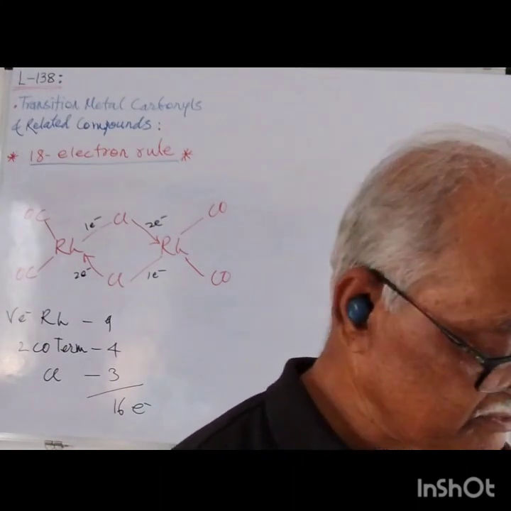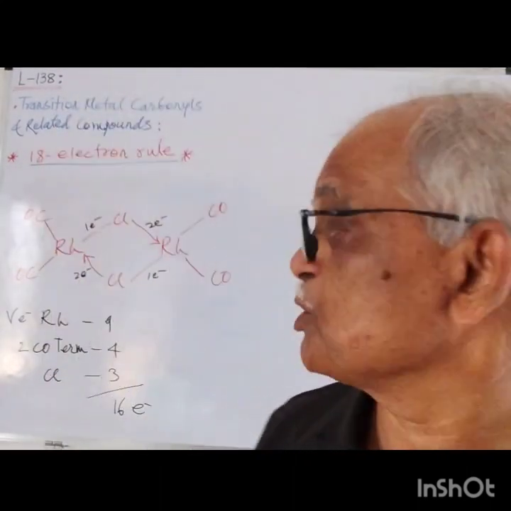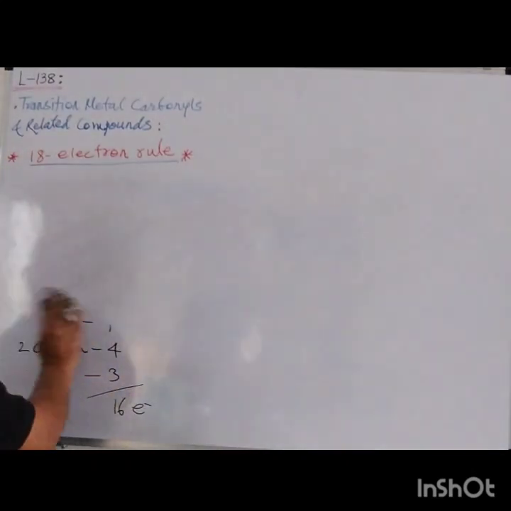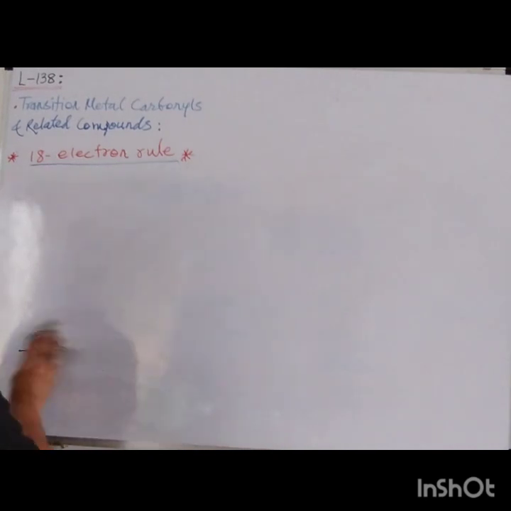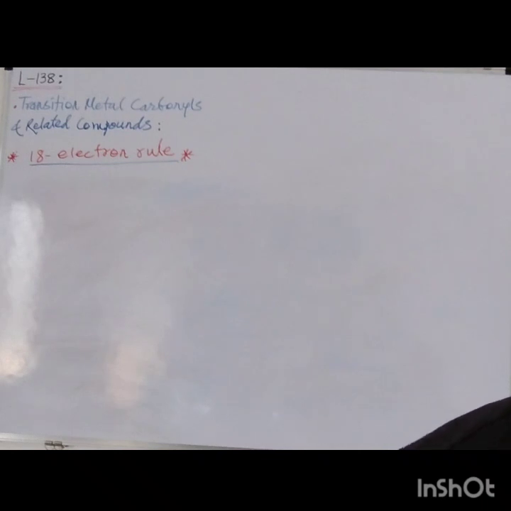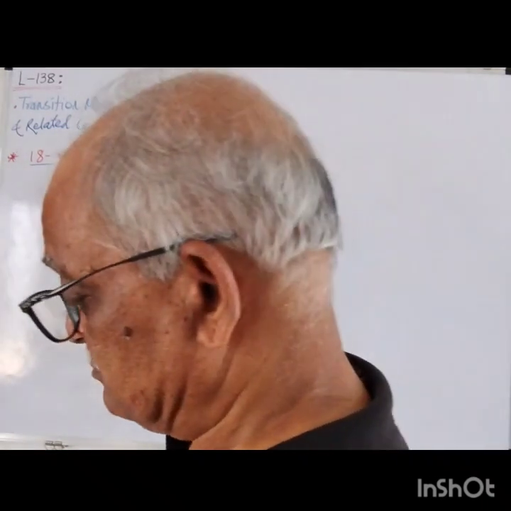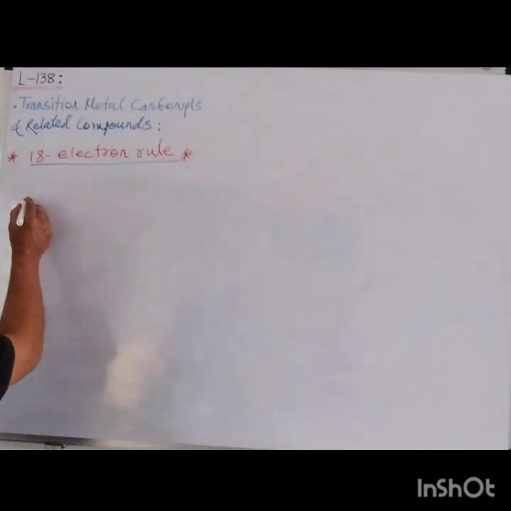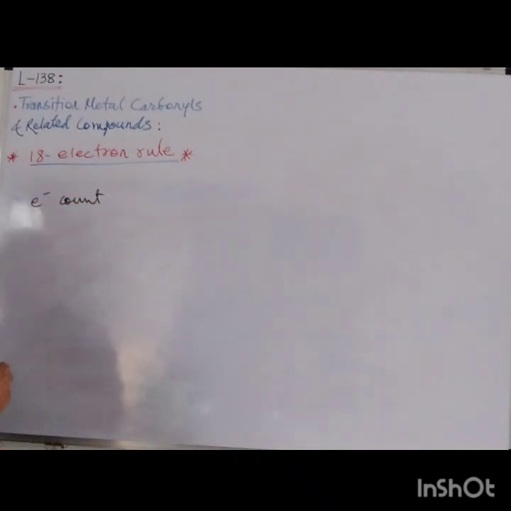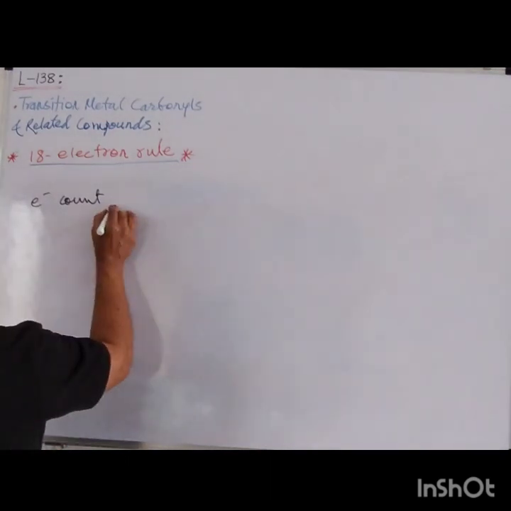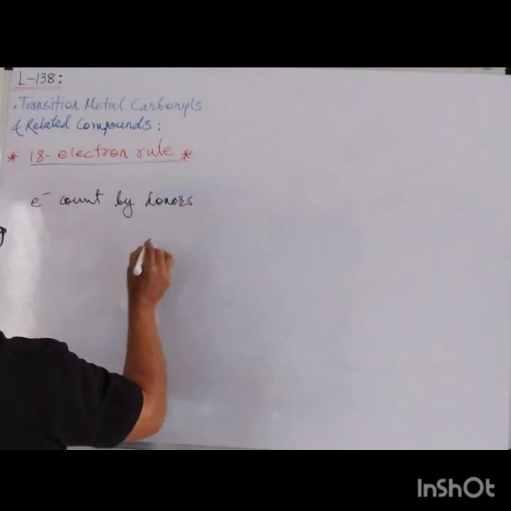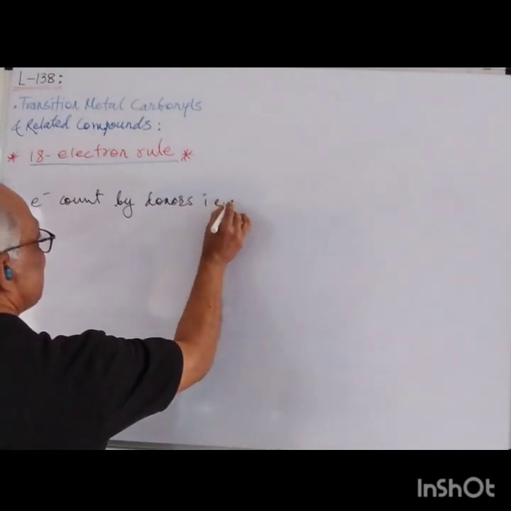In short, there are several rules which show the electron count by donors, that is ligands.